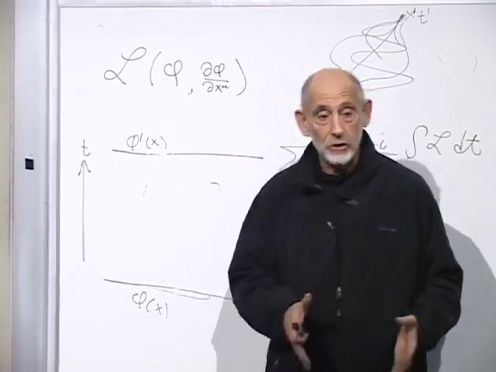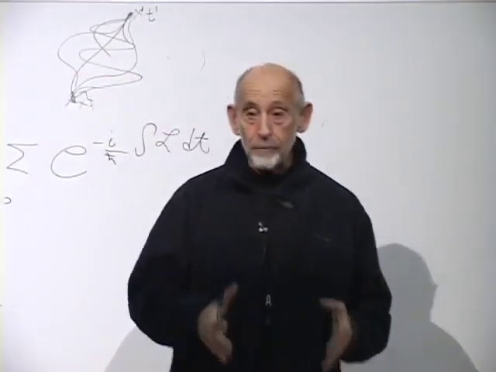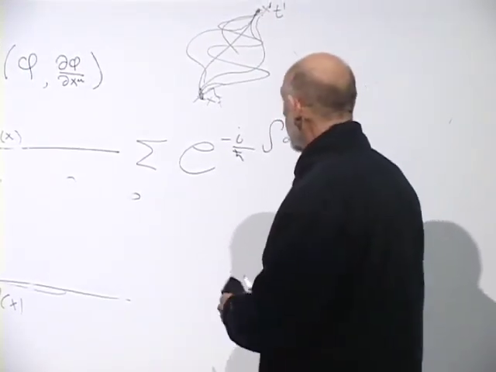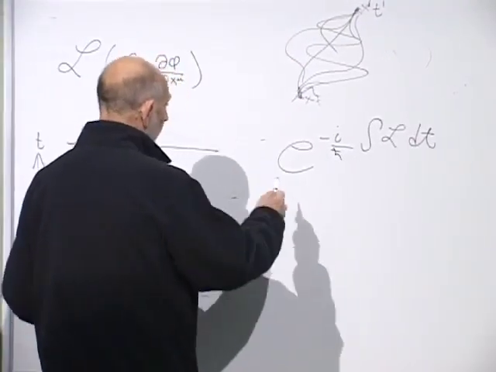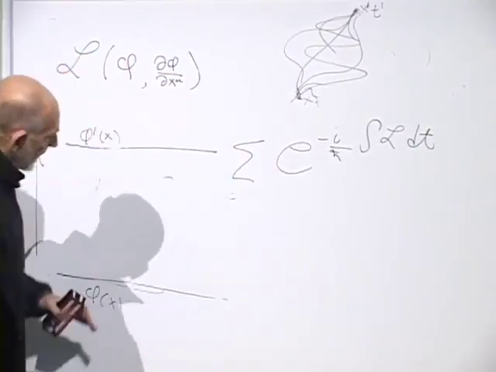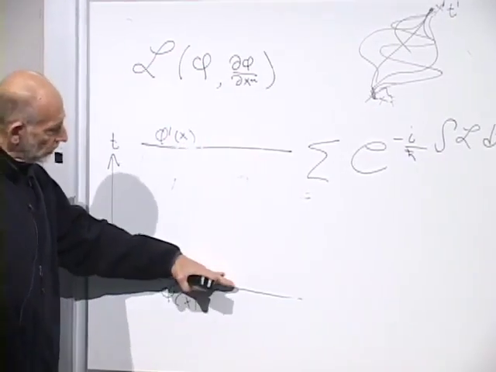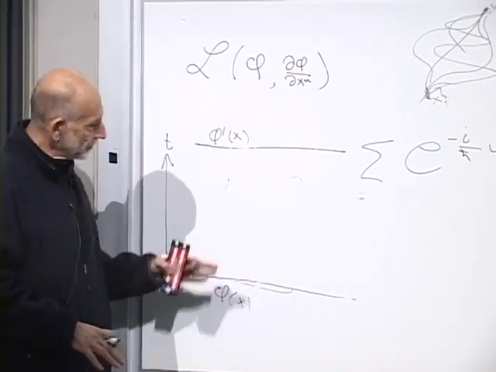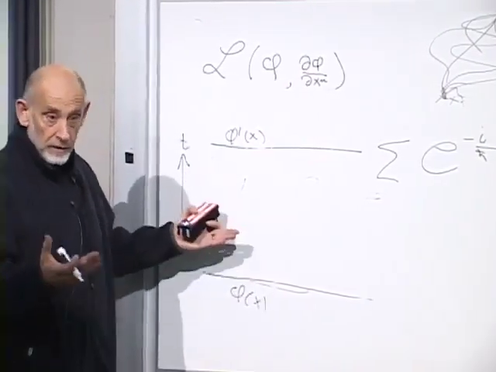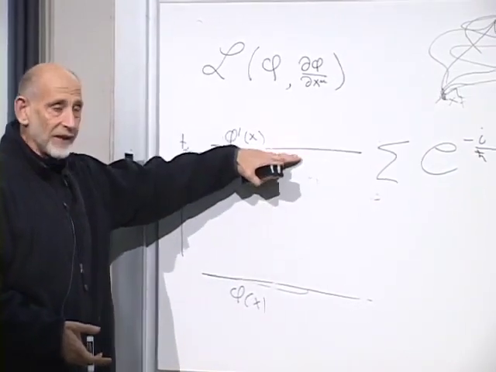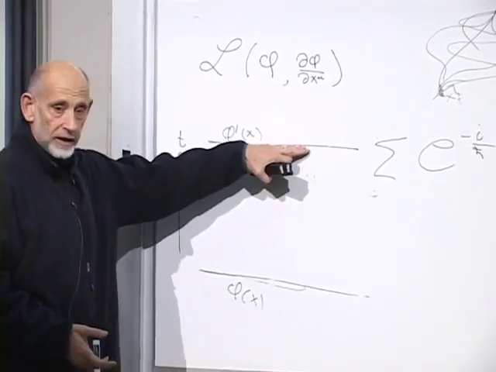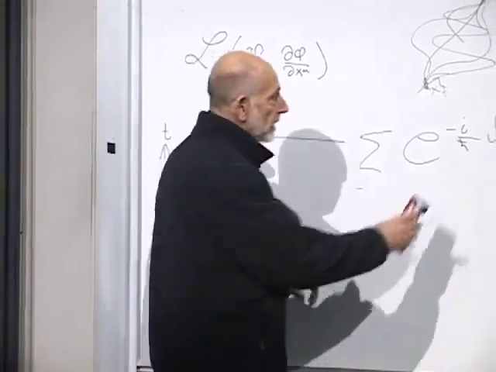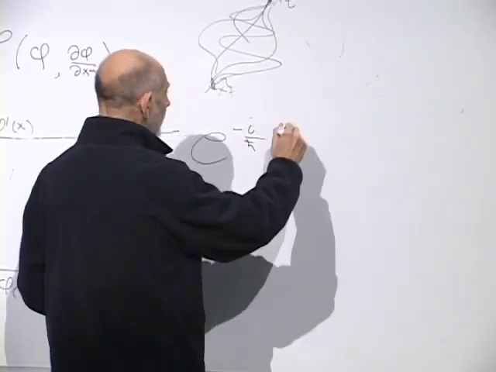Again, that probability is determined in terms of a probability amplitude, and the probability amplitude is, again, the sum over all possible ways of interpolating the field between initial and final, exactly what I said, all possible ways of filling in between the initial state and the final state with a field value at every point of e to the minus i over h-bar times the field action.